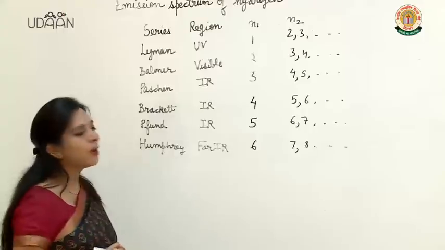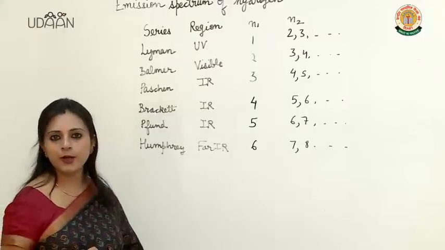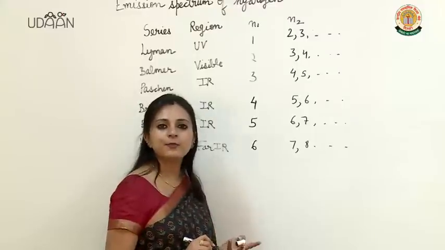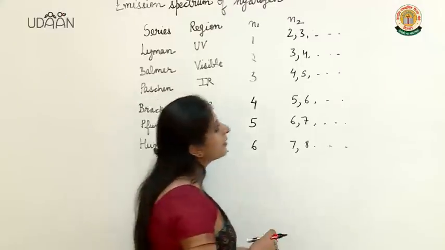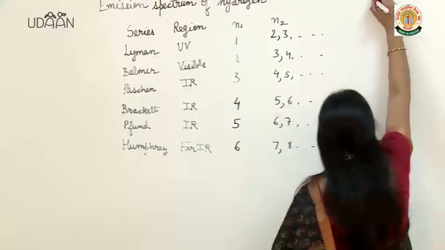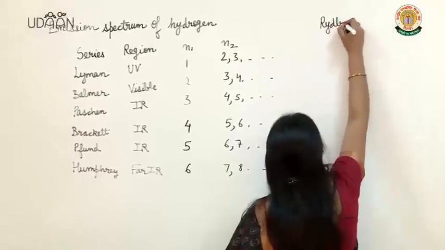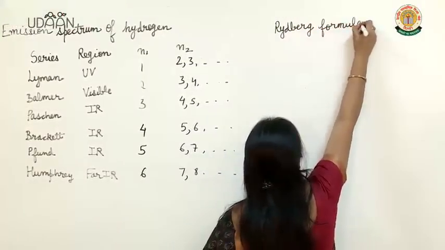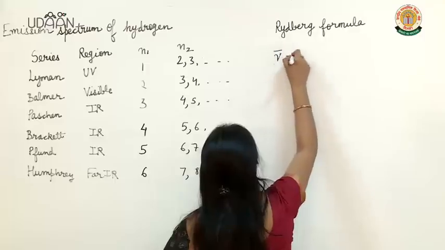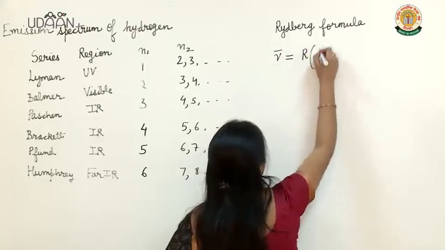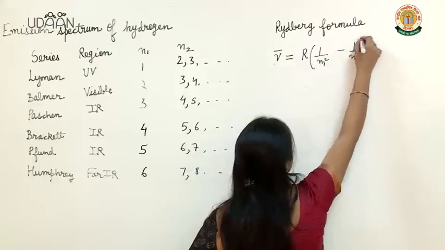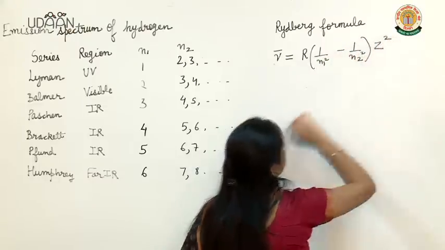Now there is a formula, the Rydberg formula, by which we can find the wavelength, the wave number or the frequency of these lines. The Rydberg formula is nu bar, the wave number, equal to R times 1 upon N1 square minus 1 upon N2 square, into Z square.